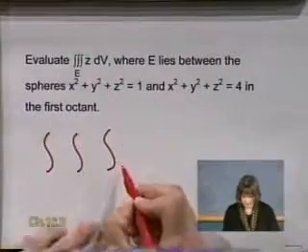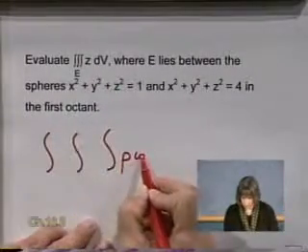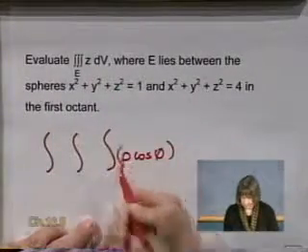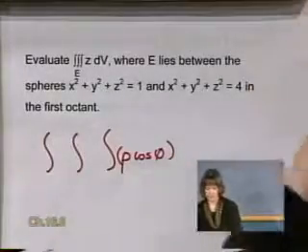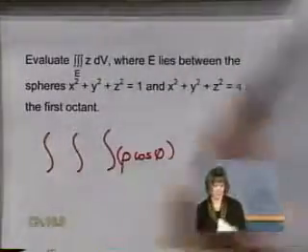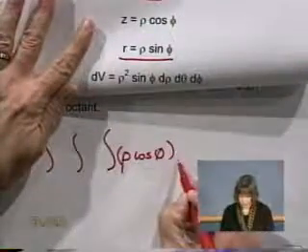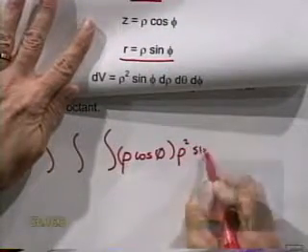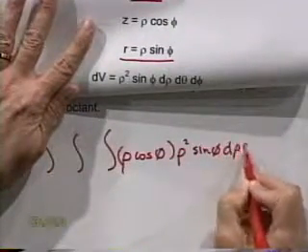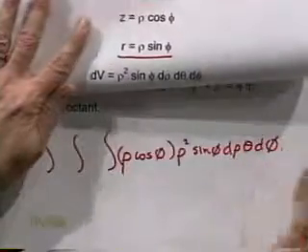So where I see z, I'm going to put rho cosine phi. Okay, we all doing okay there? Then, what are we going to replace dv with? Well, dv I have right here is rho squared sine phi d rho d theta d phi.